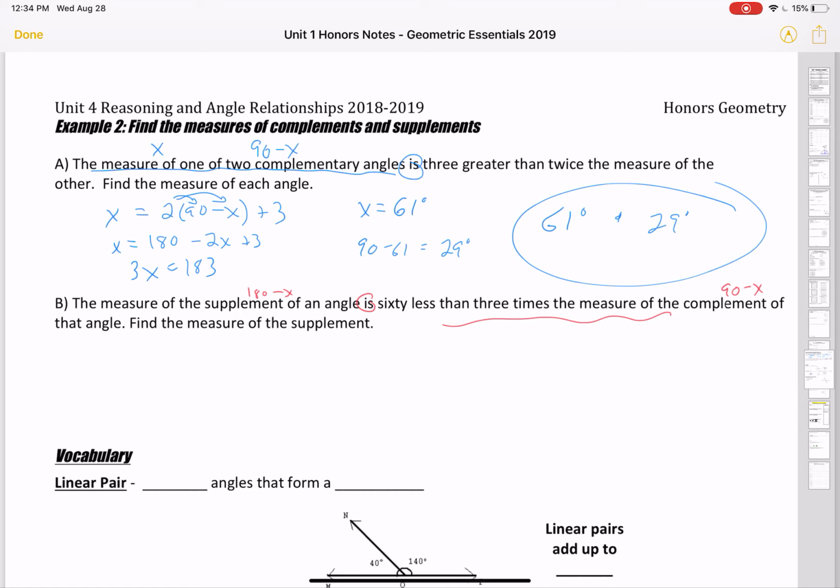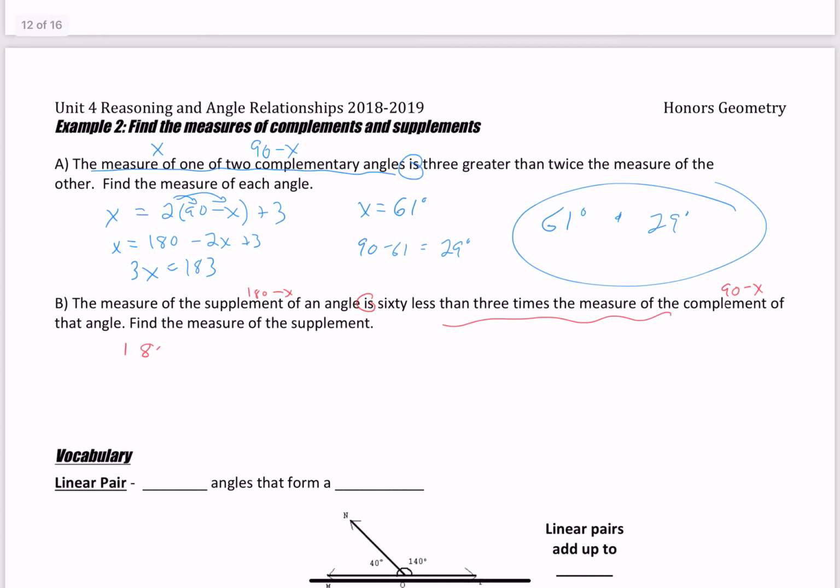So the measure of the supplement of the angle, 180 minus x, equals 60 less than 3 times the measure of the complement, and then I got to take 60 less of that. Okay, so the supplement of an angle is 3 times the measure of the complement of the angle minus 60.